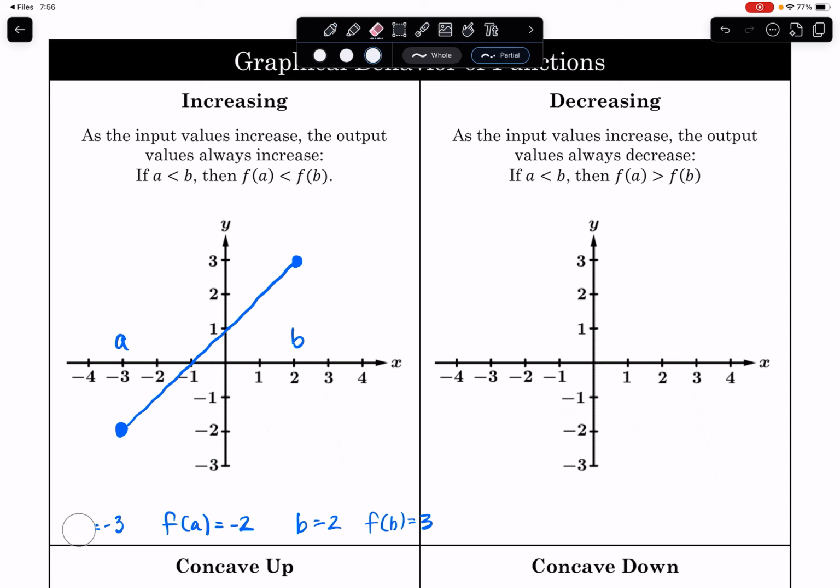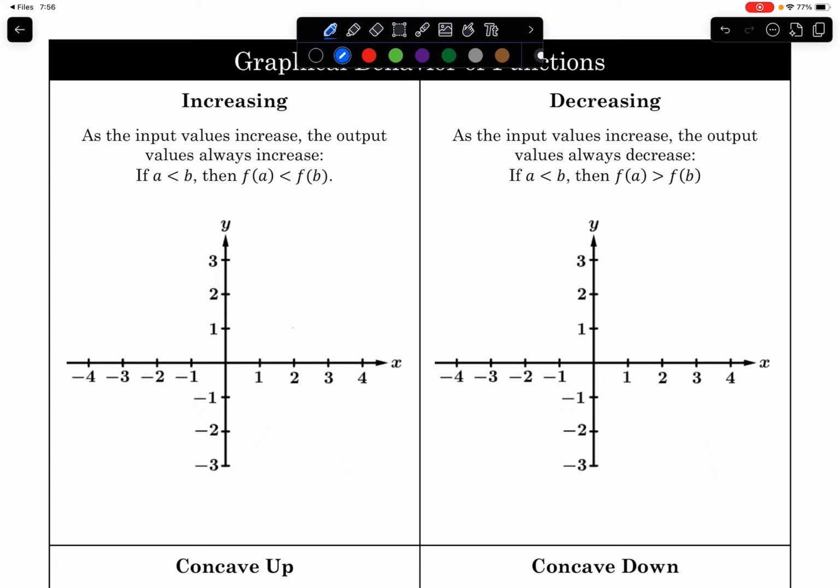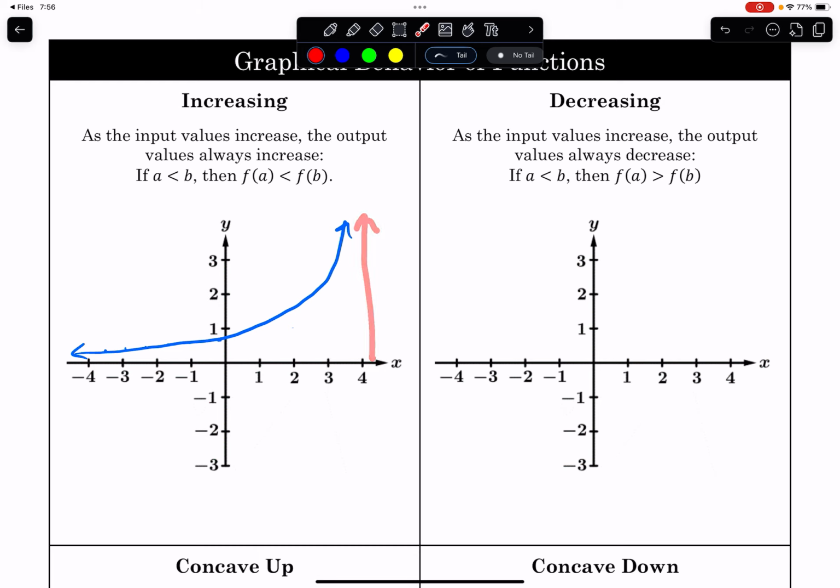And if I change this, and let's draw this in your notes, to this example right here, this is an example of an increasing function. Because as you can clearly see, every value that I pick along the x-axis, I'm making them bigger every single time. So as long as I go in that direction, I see that the y values are always moving upwards.